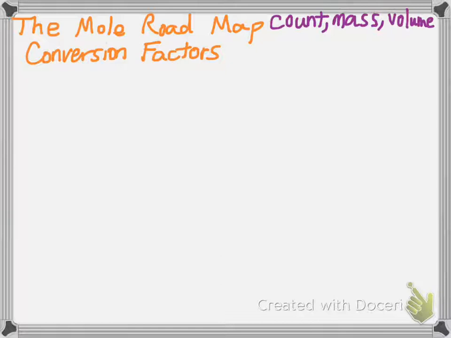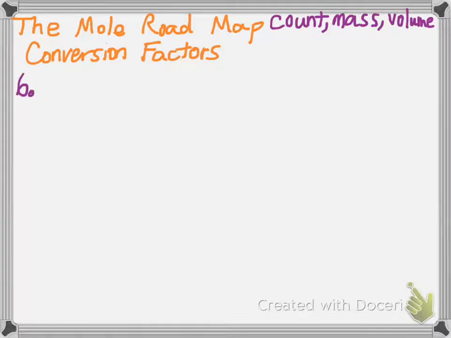The mole, remember, relates to all 3 of these. So you need to be familiar with the conversion factors that relate to count, mass, and volume. There are 5 total. First, we'll talk about the count ones. The count ones are the ones that involve Avogadro's number and 1 mole.